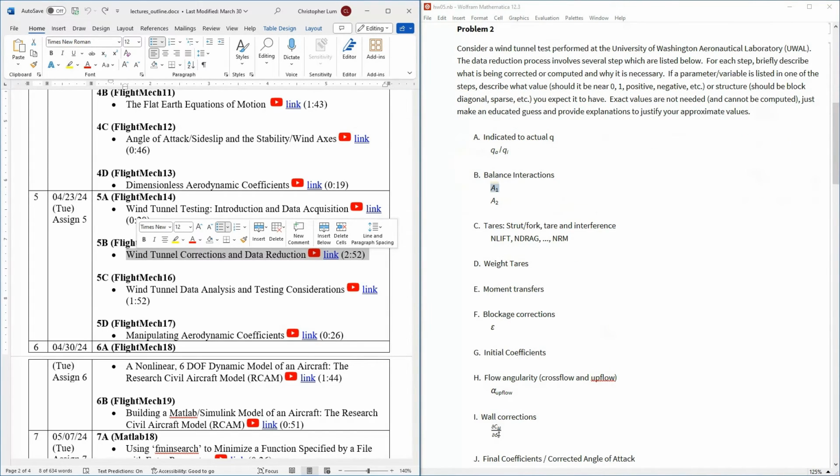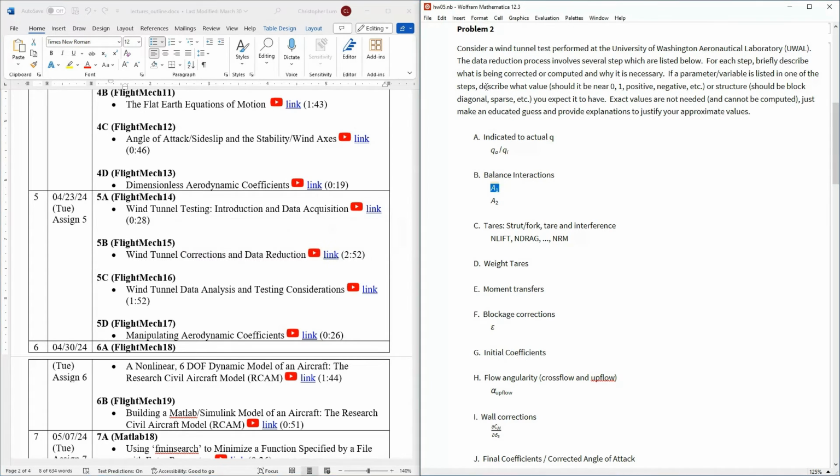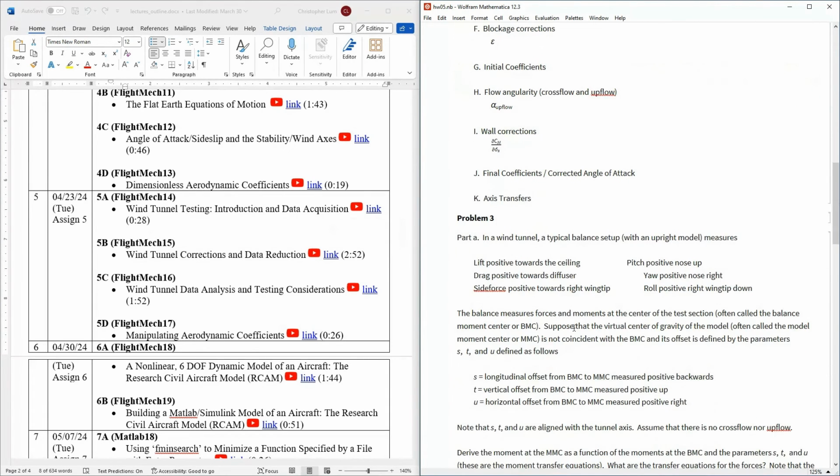Are they positive, negative? Are they matrices? You know, what are these things? I just want to make sure that people have a reasonable understanding about what all these corrections are and what some of the parameters are that you might need to compute or provide at each of these steps. So problem 2 is, yeah, don't think about this too hard. It's just describe these variables and sort of their structures. Okay?